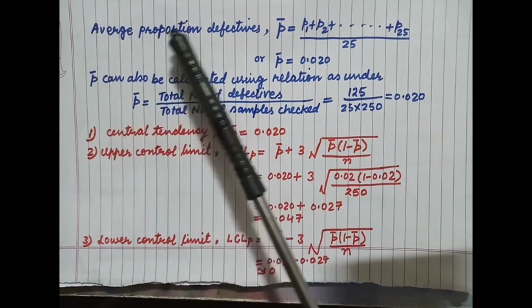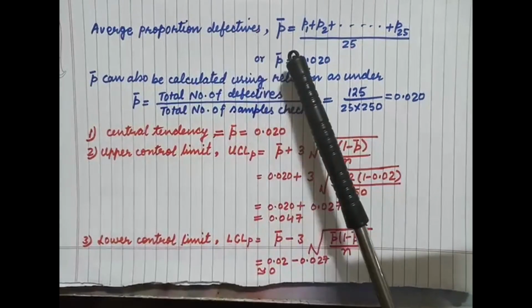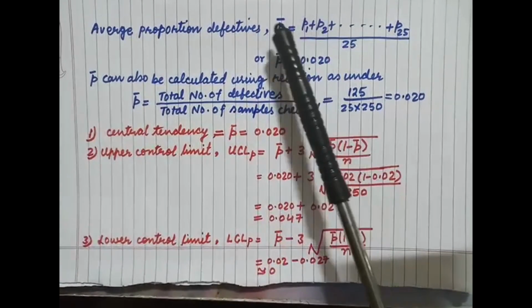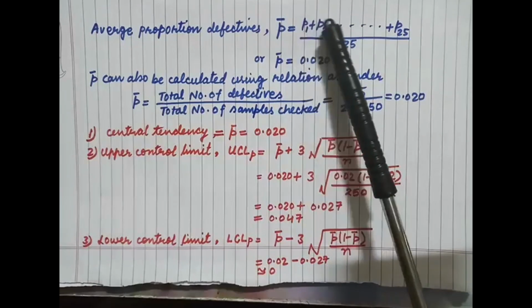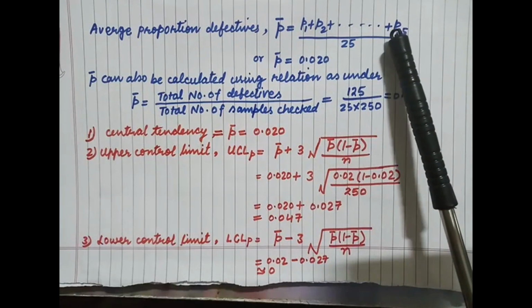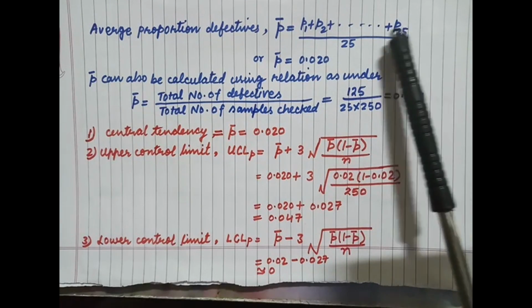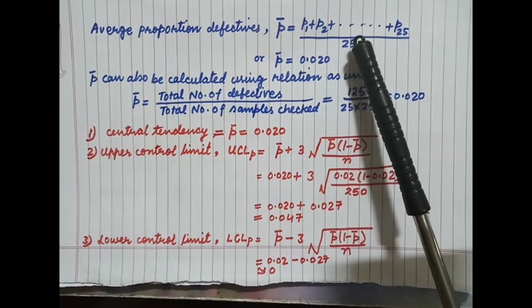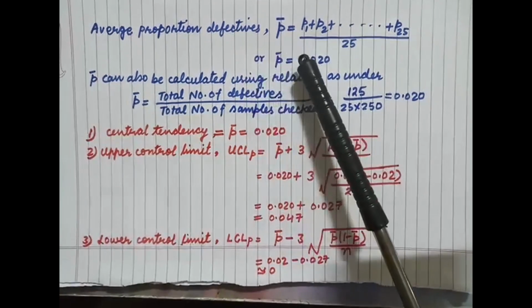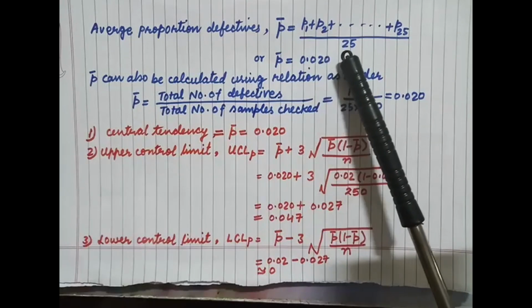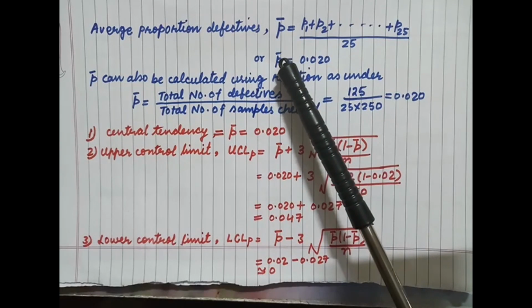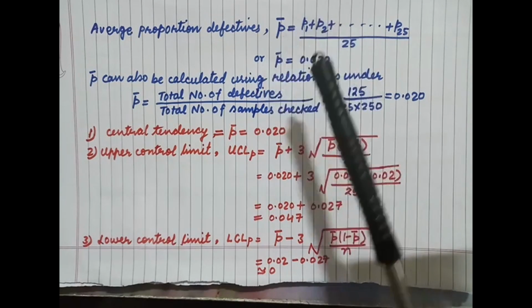Next, the average proportion defective: the average of all the proportion defectives, P1 plus P2 and so on up to P25, divided by the total number of subgroups. So it comes to 0.020, which is indicated with P bar.